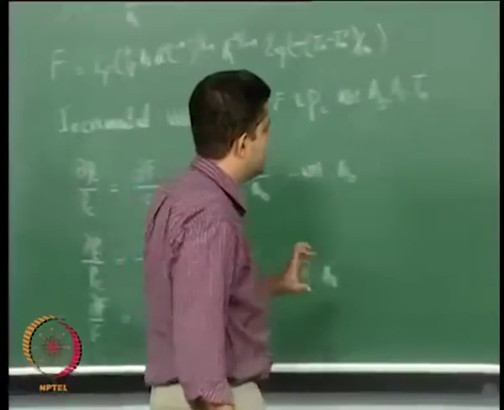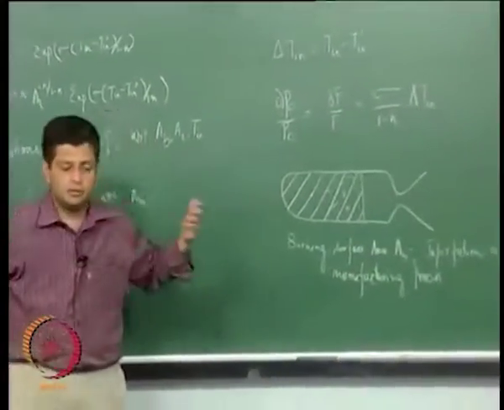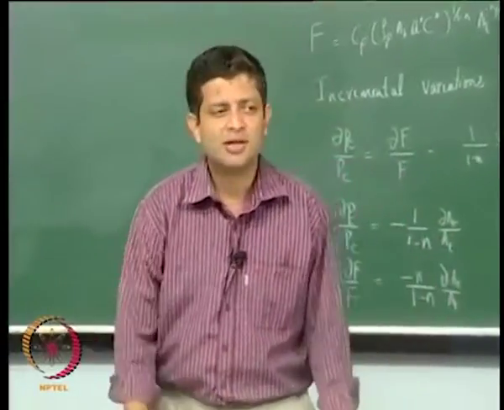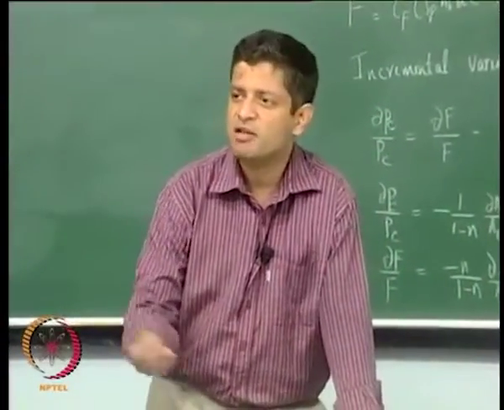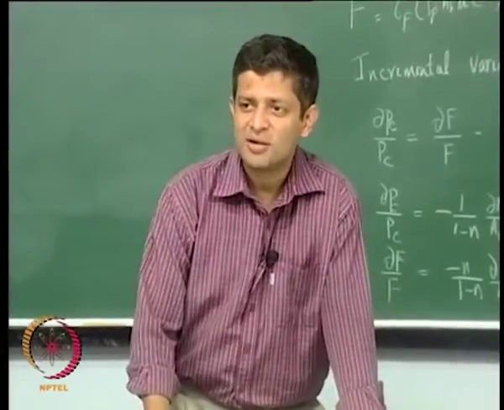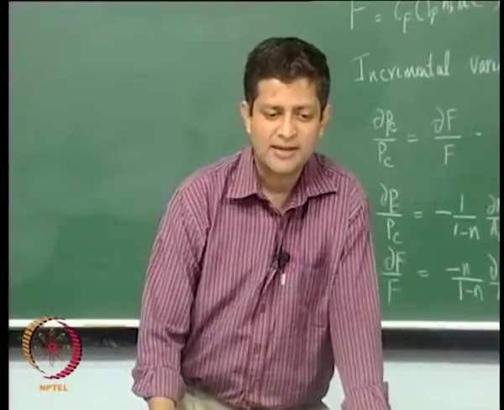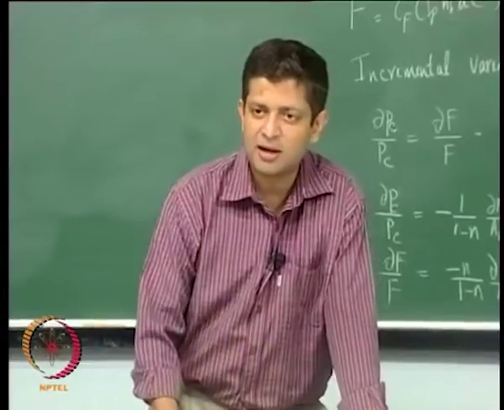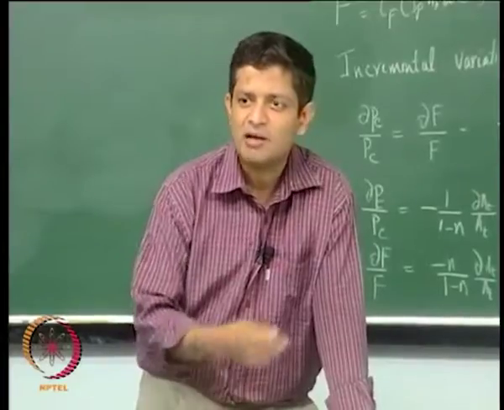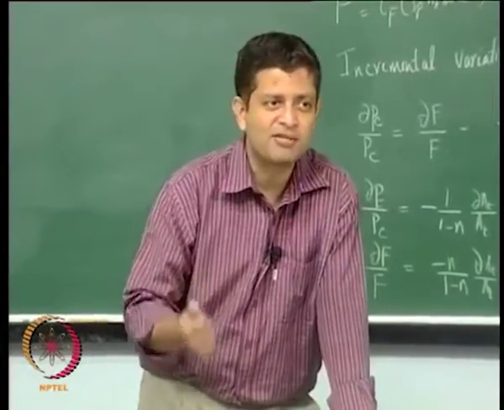The burning surface area changes if you are trying to make a large rocket motor, let us say of the class of GSLV Mark III, the first stage, which is a 200-ton propellant. As I said, it is very difficult to make propellants without imperfections. There will be some amount of blowholes, some amount of cracks.